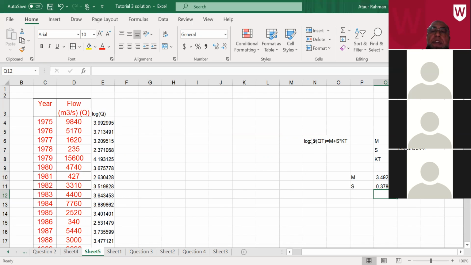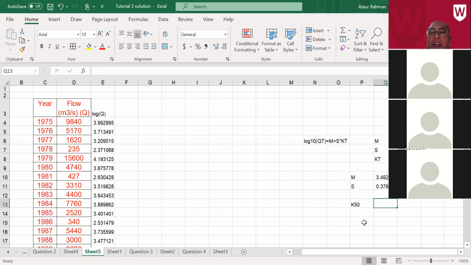We got it from these equations, and we have to find out KT for our 50 year and 100 year. We have to find out K50 basically, if you want to estimate a 50-year flow.